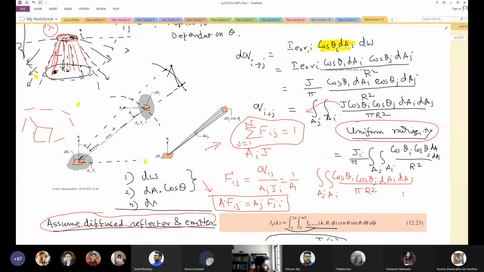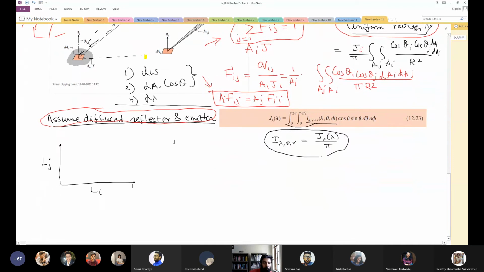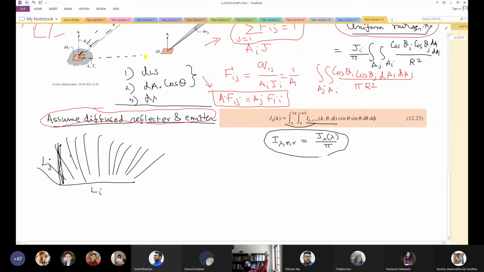Suppose this line is radiating energy in all directions. What fraction of these radiations will be intercepted by this line? You can intuitively see that the shorter this line is, the smaller the fraction will be.